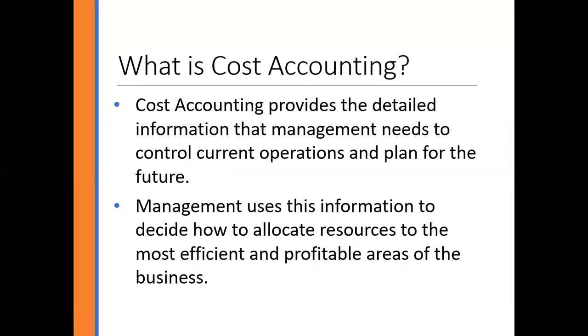Some of what cost accounting includes is analyzing material cost, labor cost, overhead cost, providing management with information that relates to the different costs that go into cost of goods sold, and helping management make decisions about, for example, production processes or other current operations, right?